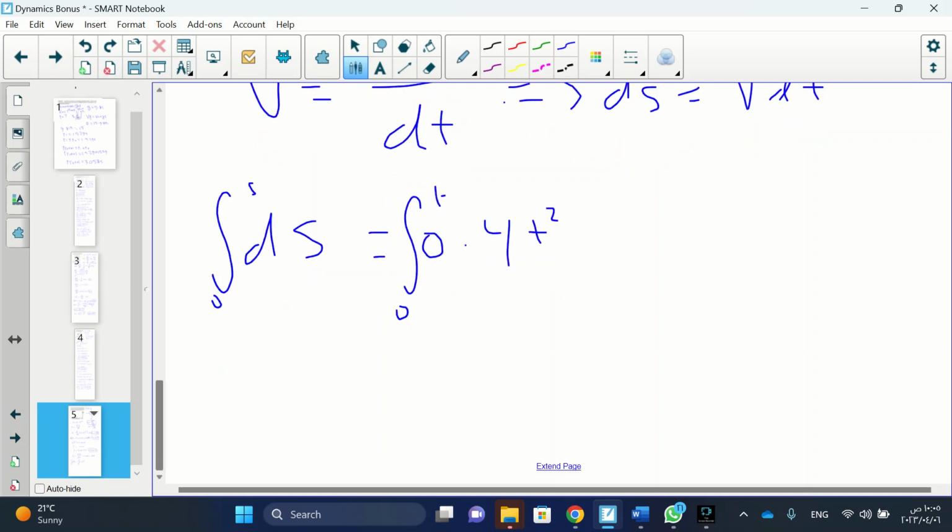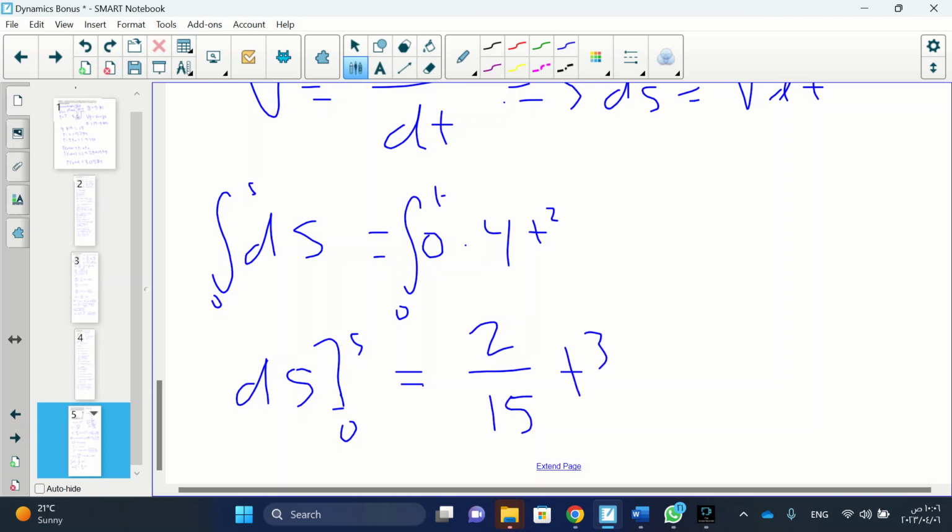So the integral of ds from 0 to s will give you 0.4 divided by 3, which gives 2 over 15, times t to the power 3.